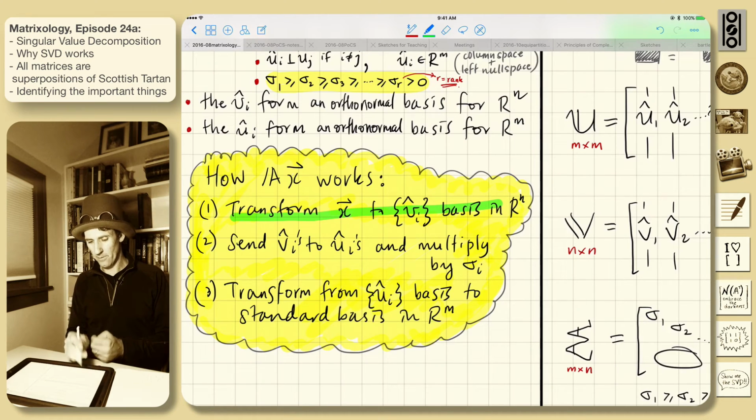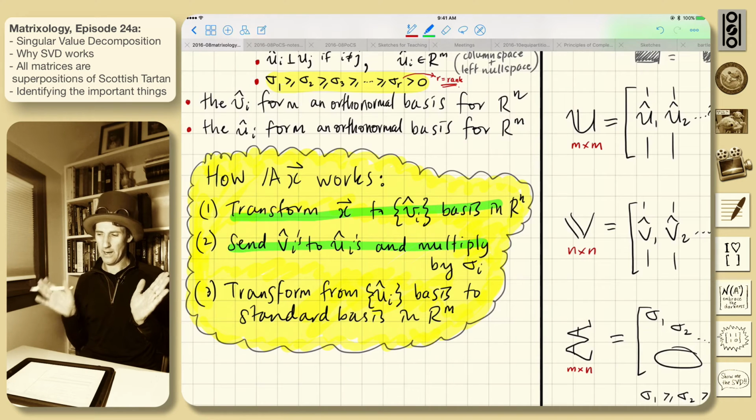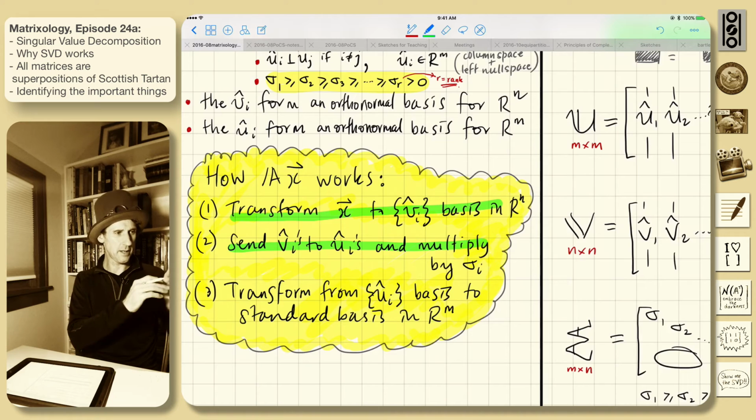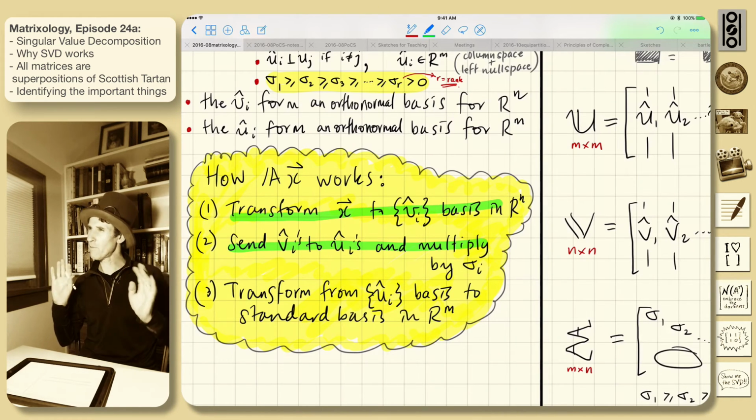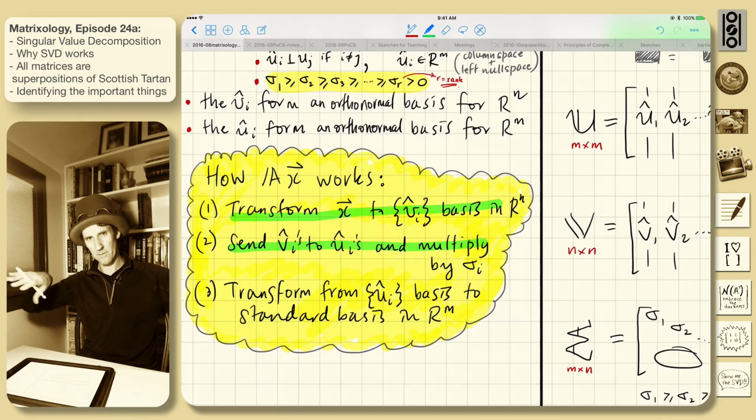Then we'll have this matrix in the middle, a capital sigma matrix, which will send the V's to the U's, right? V1 goes to U1, and whatever's hanging on V1 gets sent to U1 and gets multiplied by sigma 1, which is a positive number. So any rotations or flippings are really in how these bases are oriented relative to each other, relative to the overall spaces.